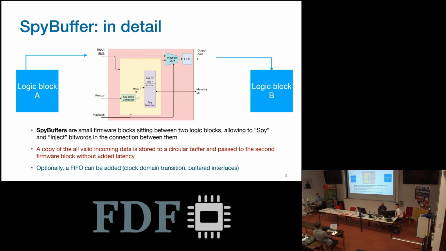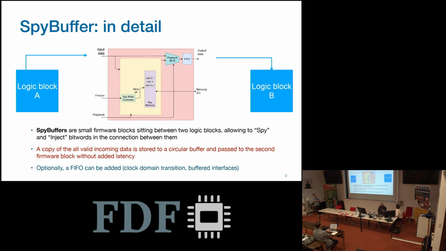So a little bit more into detail about the Spybuffer itself. This is an object that is supposed to be sitting between two logic blocks, and normally your data path will be from A to B. So the Spybuffer is just a small HDL core, and this is essentially taking a copy of all the incoming data from A, which is also being sent through as a copy to a circular buffer.